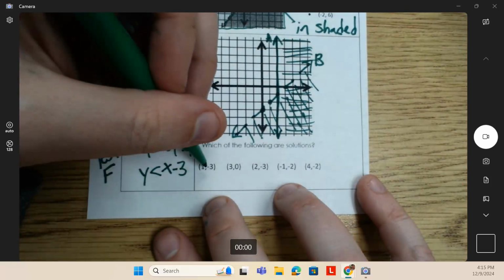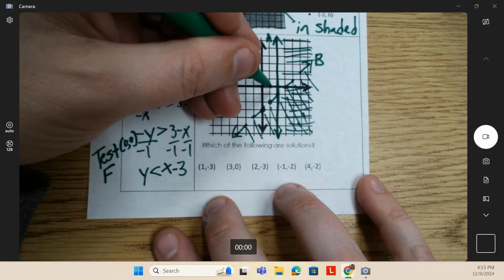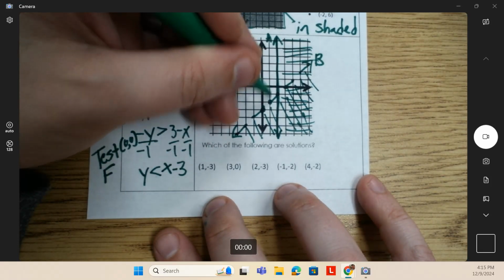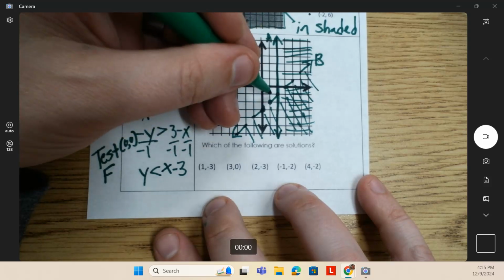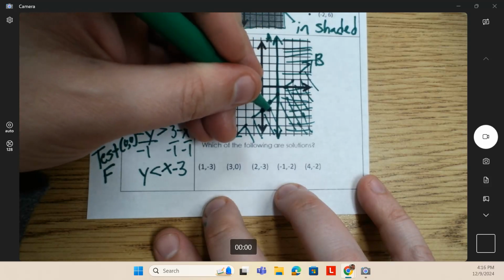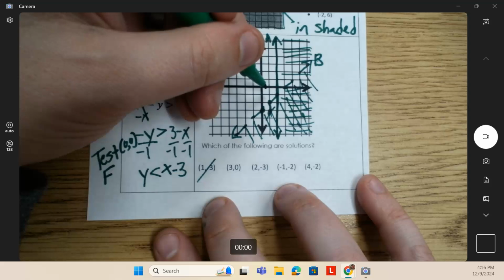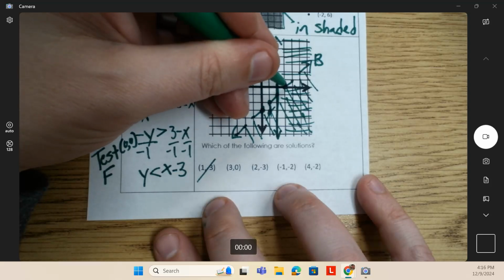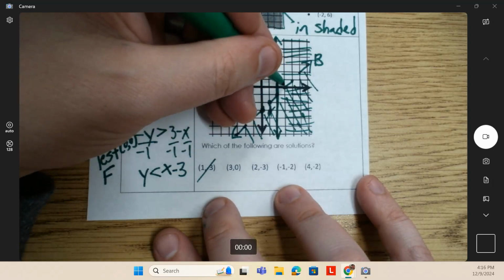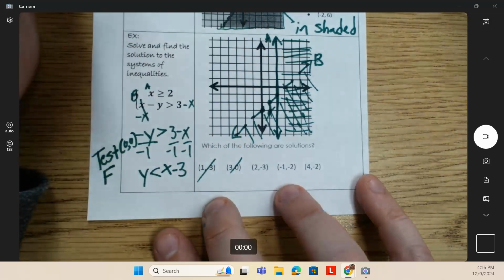And I'll start testing points. So going from 1 down to negative 3. Right there, it's outside of it, so that does not work. Going over 1, 2, 3, and up 0. That's right on the dotted line. Because it's on a dotted line, we can't use that one.